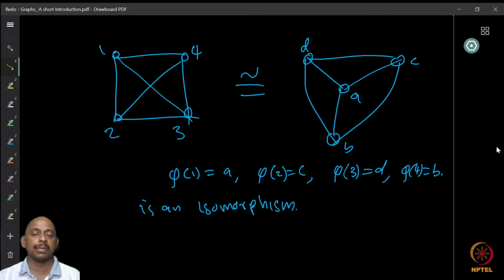So what is the isomorphism between these two graphs? Here is one.